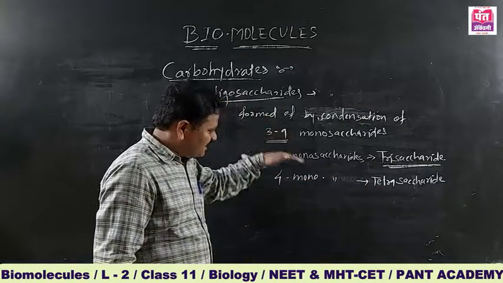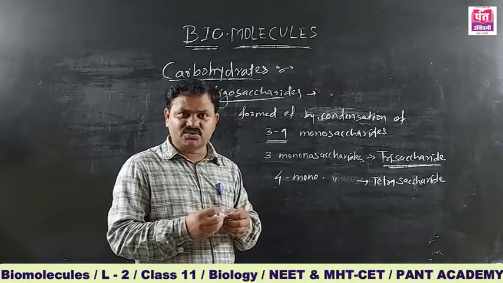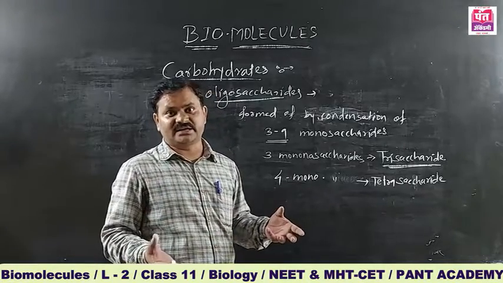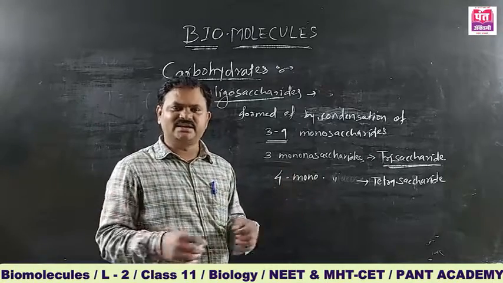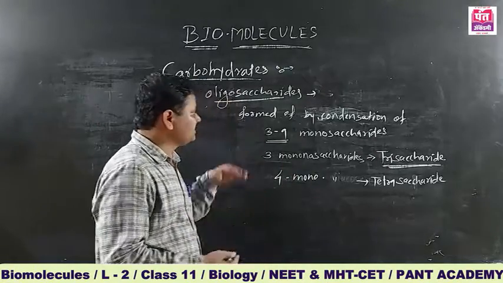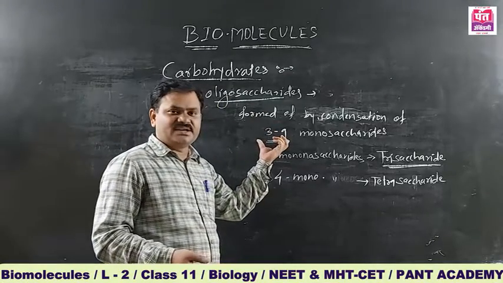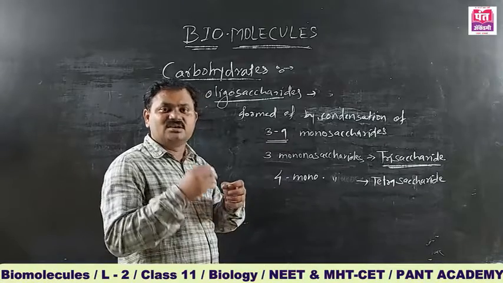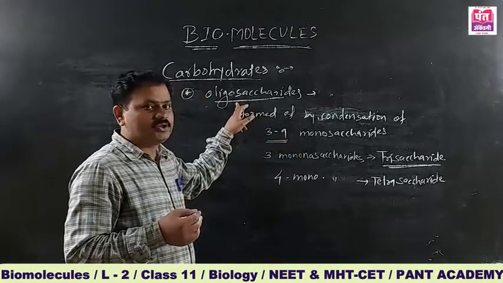If 5 different monosaccharides condense together, it will form a pentasaccharide. Then 6, hexasaccharide. Like this, up to the 9th. If the number of monosaccharides combined together is between 3 to 9, those are called oligosaccharides.